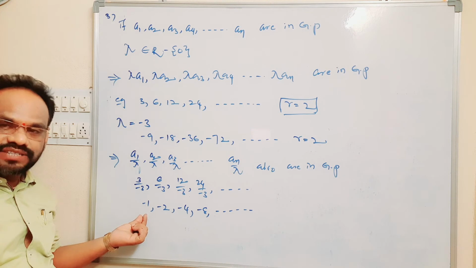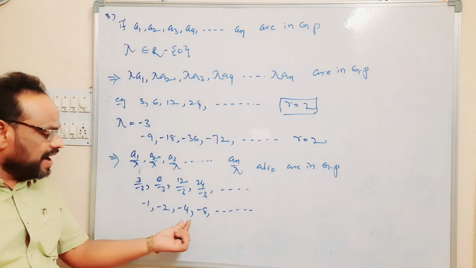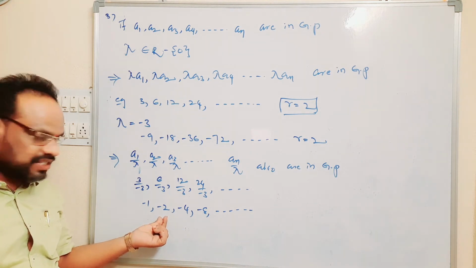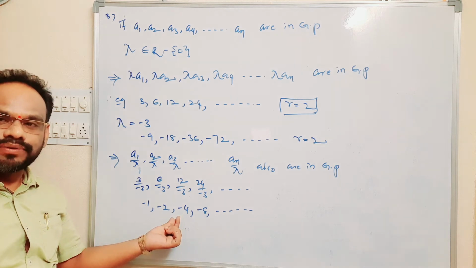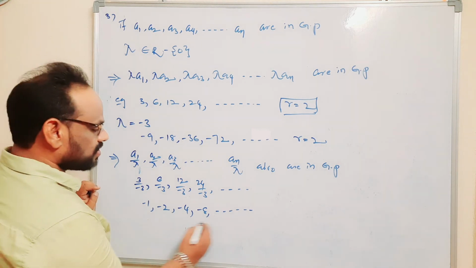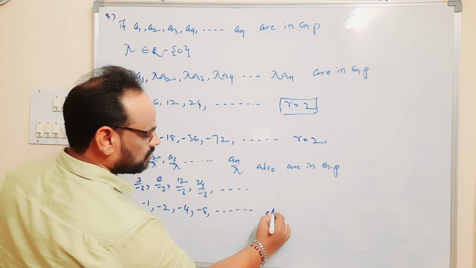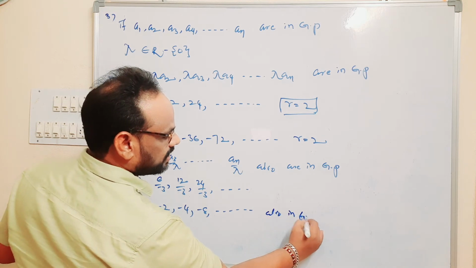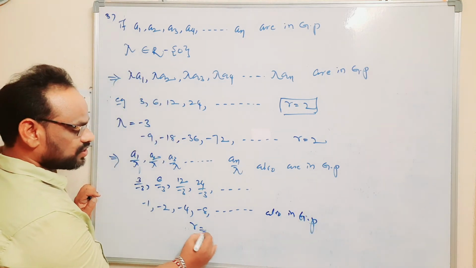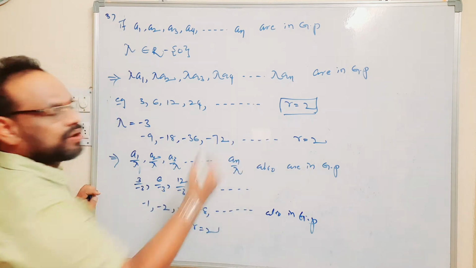Minus 2 by minus 1, how much? 2. Minus 4 by minus 2, plus 2. Minus 8 by minus 4, plus 2. So this is also in geometric progression with common ratio 2.